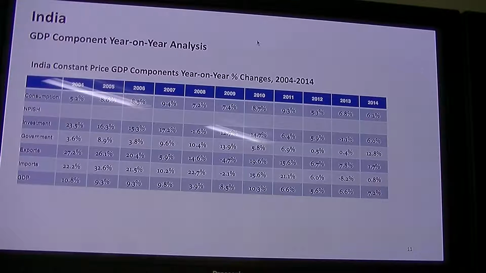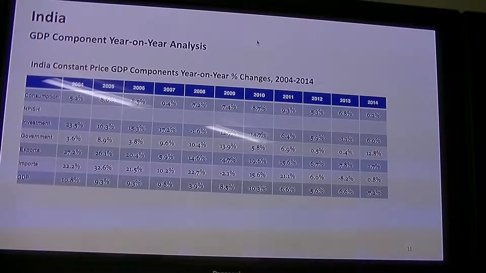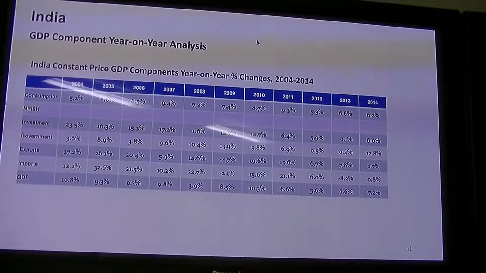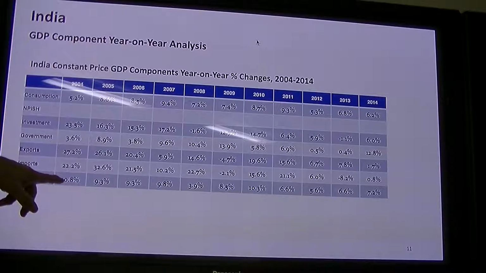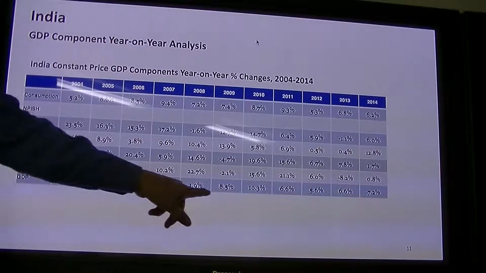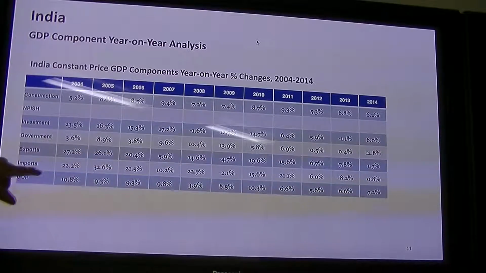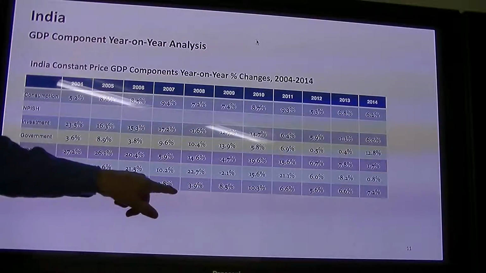So this shows the year-on-year change in the components. I just put the NIPA-ish. They don't have any figures there. It's not a big figure anyway. But you can see that. Let's just look at GDP. Now they've shown here it's like 10%. Actually, 10% in this period.